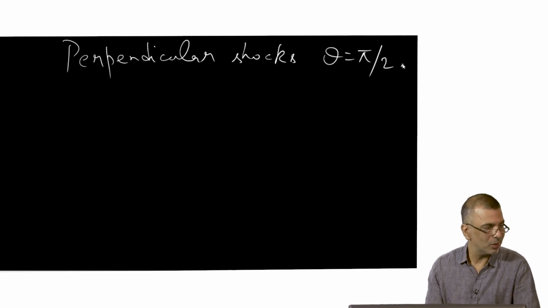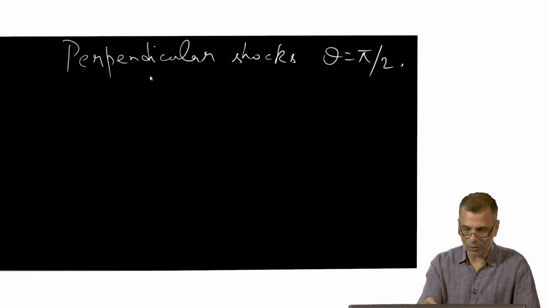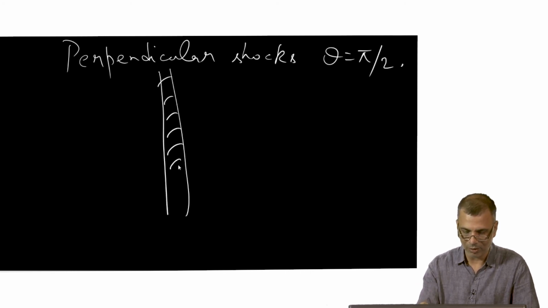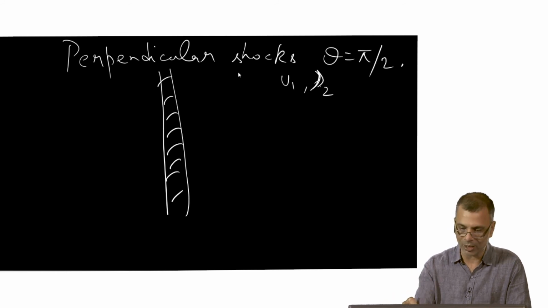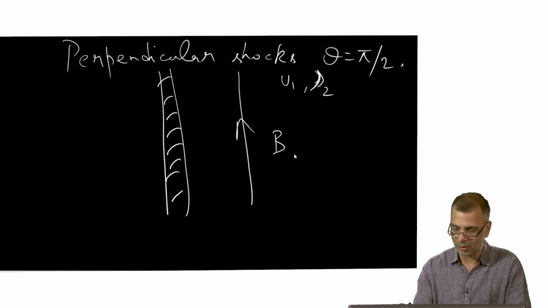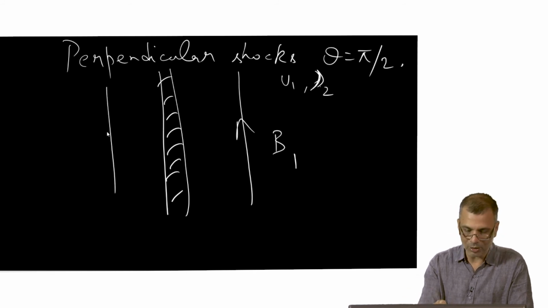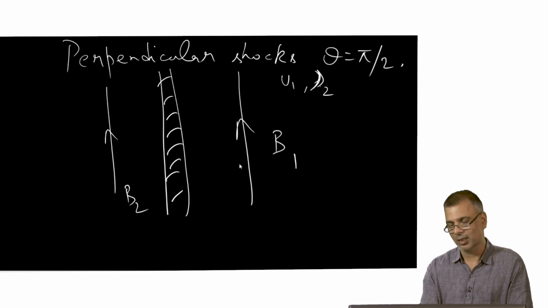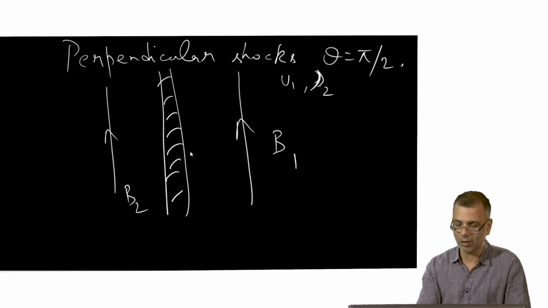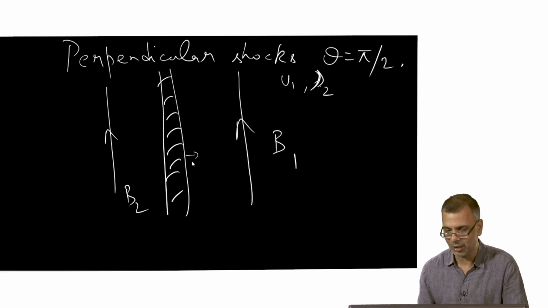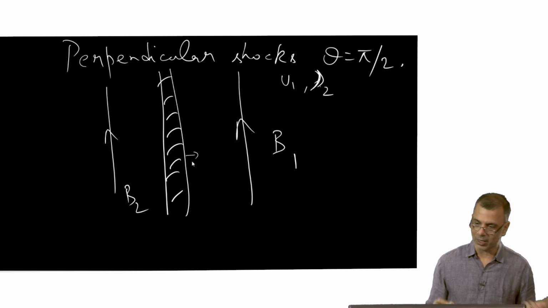Essentially, if this is the shock, on one side you would have u1, rho 1 and everything, and what perpendicular means is that B1 is like so and B2 is like so. That is what it means. So the magnetic field is perpendicular to the shock normal. The shock normal is like this.